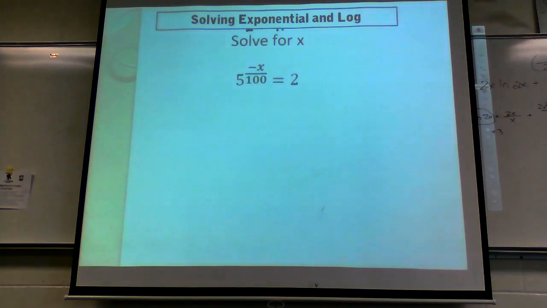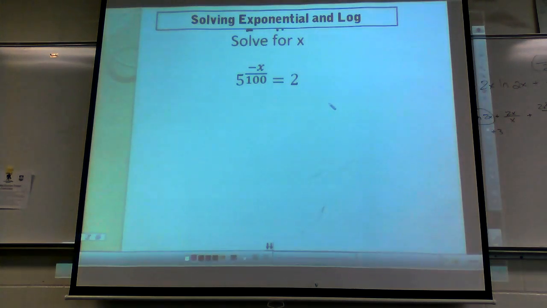Next thing here. The font's real weird there, guys. This is 5, all raised to the power of negative x over 100. So the power is negative x over 100. Going through the steps, first thing is exponent by itself.